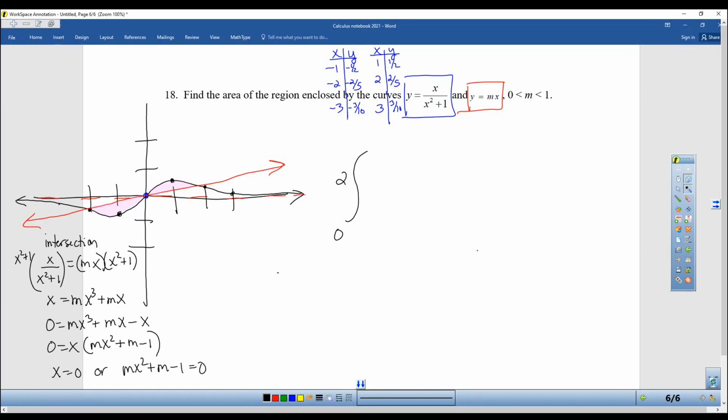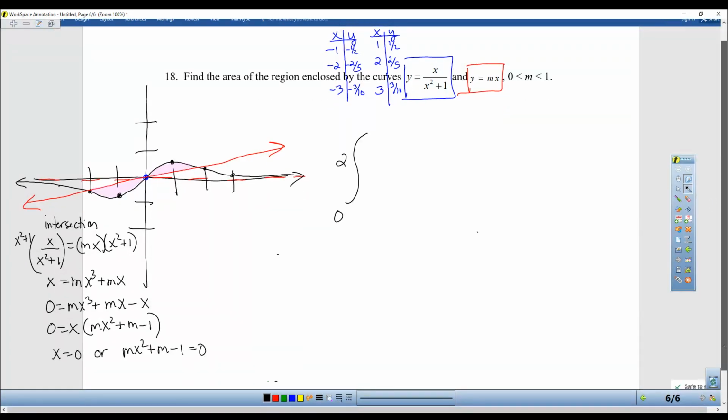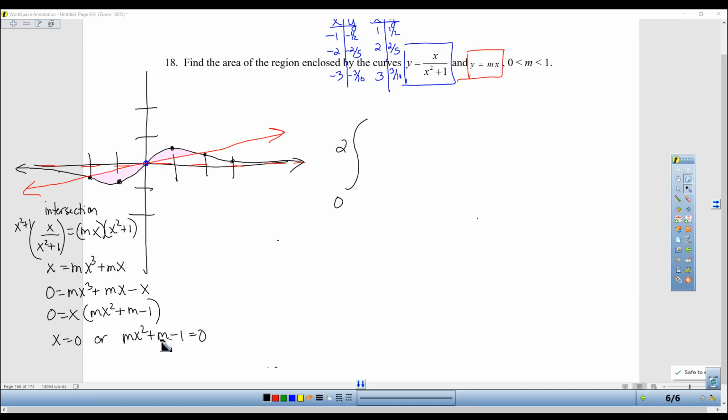And at first glance, you might be thinking, well, I can't factor that, and am I going to have to do quadratic on it? But no, because this is just an x squared. There's no x term. So you can literally just do mx squared is equal to 1 minus m. I brought both of those over to the other side. Divide by m, and then plus or minus the square root of 1 minus m over m.